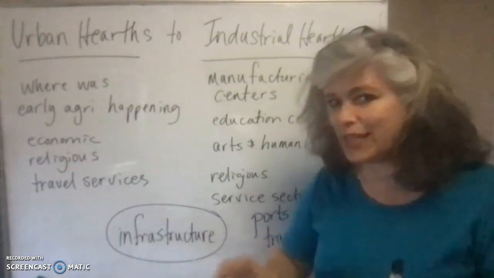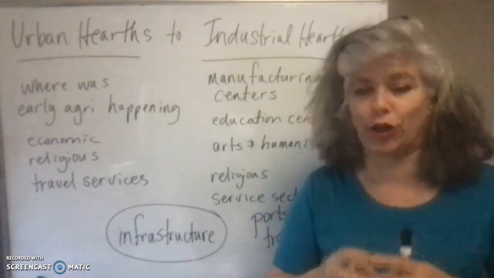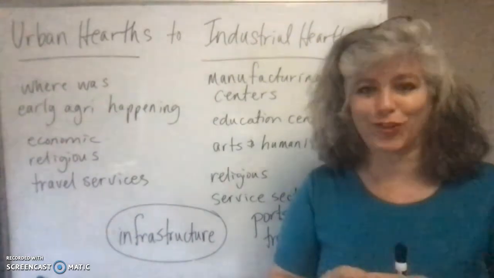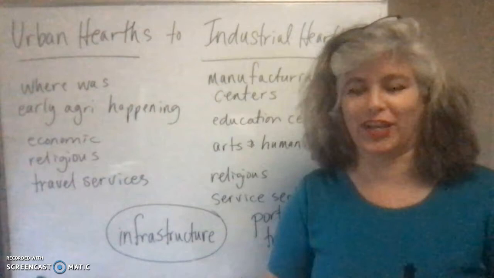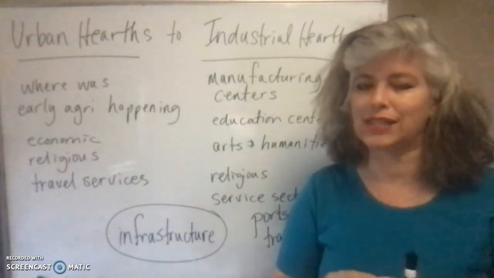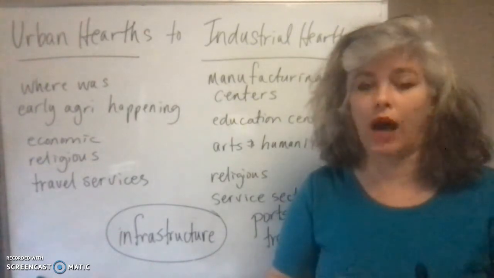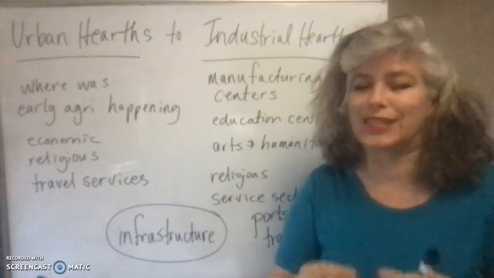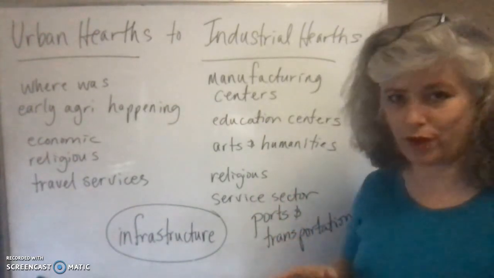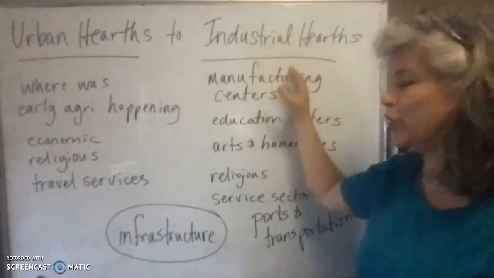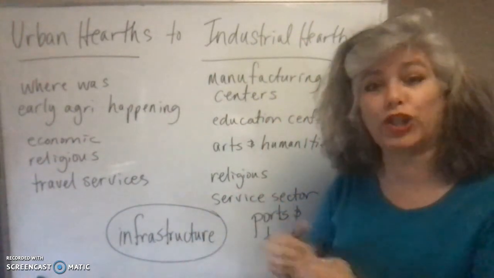So infrastructure is one of the major reasons why people are interested in urban areas. But if the infrastructure is not already in place in order to take care of the population that's flocking to these urban areas, then you have extreme poverty and not a whole lot of opportunity to sustain yourself, because in the agricultural revolution, the second one, and the industrial revolution, you started removing people from that food getting activity, that food production activity.